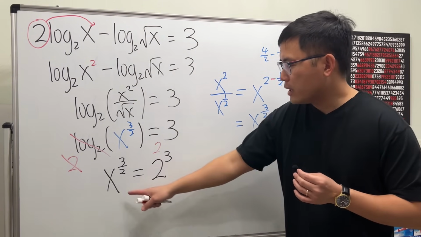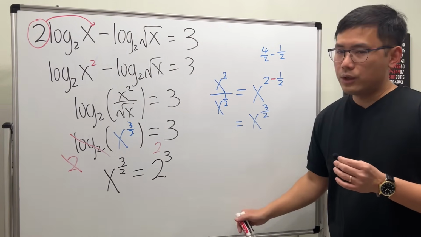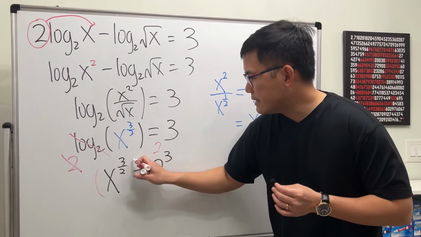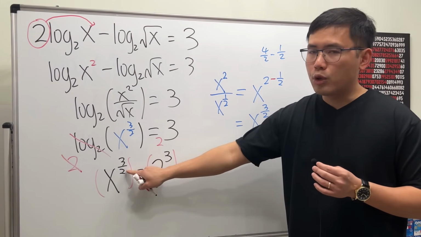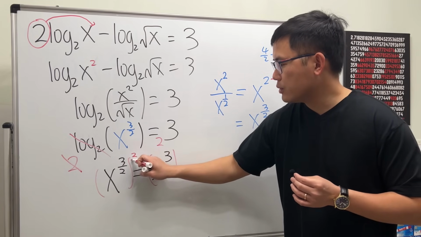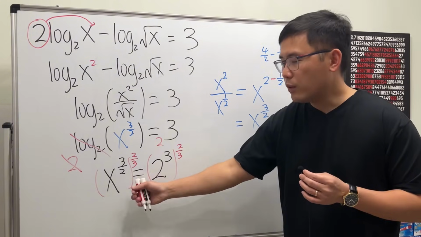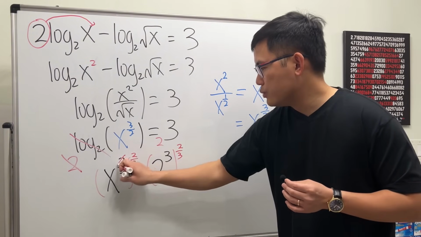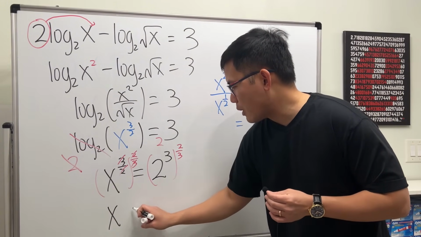And then finally, right here we have x to the 3 over 2 is equal to 3. What we can do is just raise both sides to the reciprocal power of this. This is 3 over 2. We will raise both sides to 2 over 3. So that when we multiply the powers, 3 and 3 cancel, 2 and 2 cancel, we just get x to the first power.